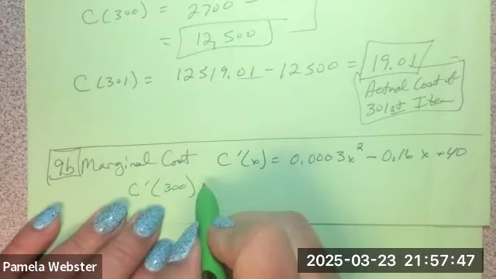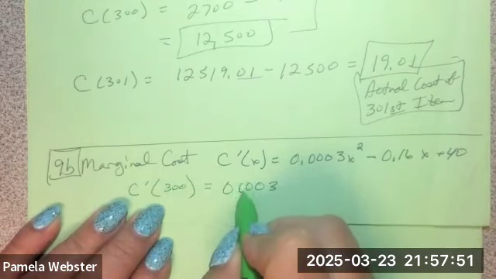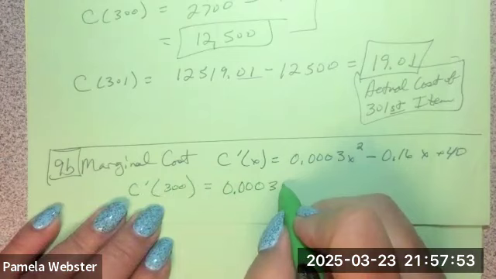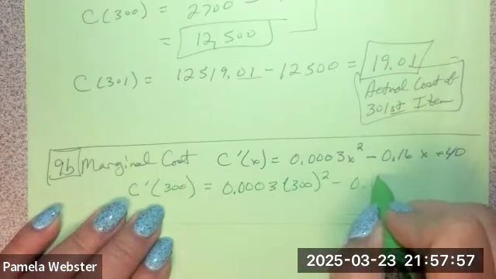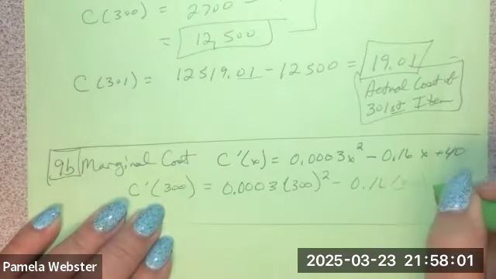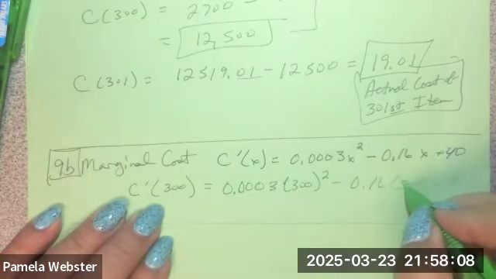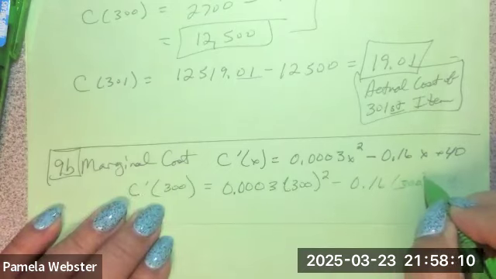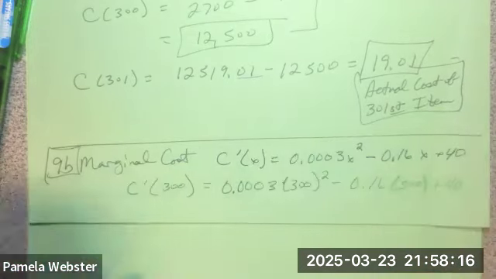I put in the 300. 0.0003 times 300 squared minus 0.16 times 300 plus a 40. Don't get weak on me. I don't know why sometimes that pen kind of runs out of go juice. Okay, plus the 40. There we go.